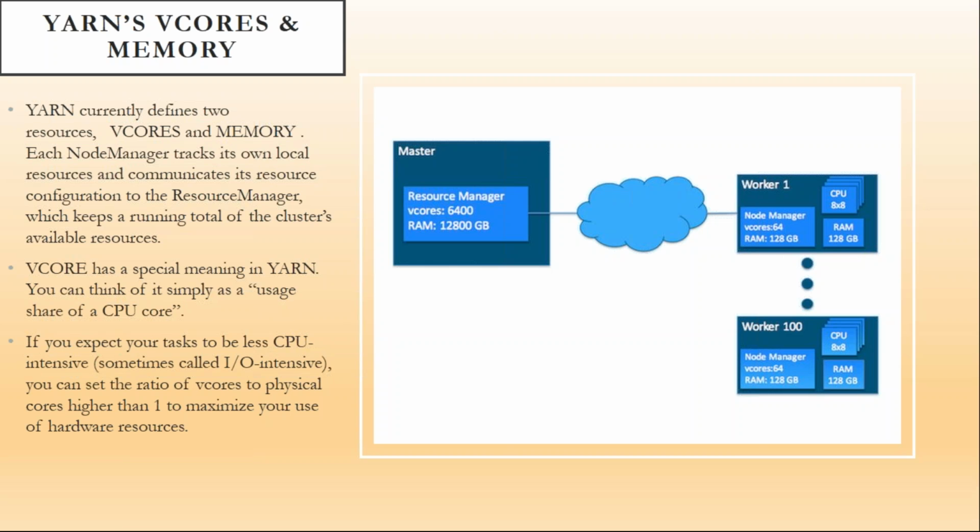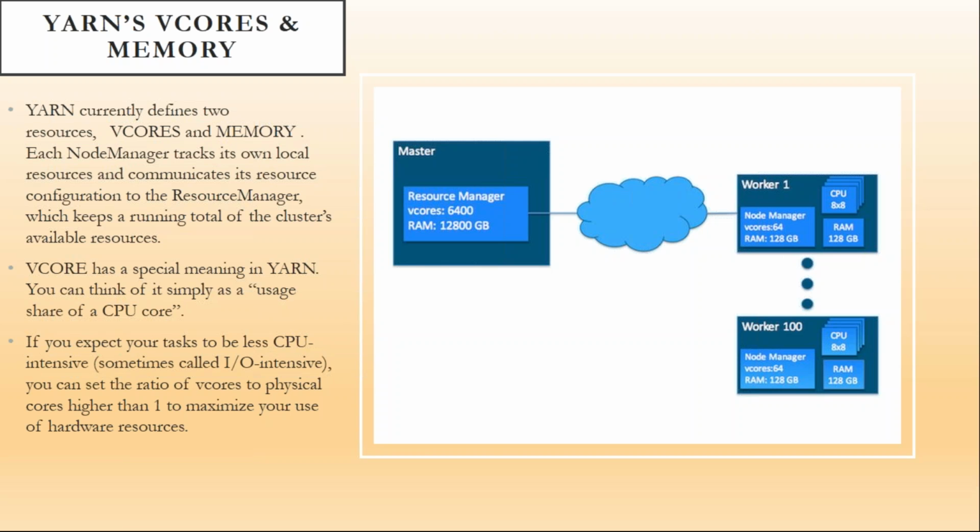Once again, look at the diagram. You have a worker node. In the worker node, you have a dedicated CPU and RAM. RAM is 128 GB and CPU is 8 virtual cores. For worker node 1, worker node 2, worker node 3, worker node 4, up to worker node 100, the amount of resources used by each task launched by the data node or worker node will be reported to the resource manager, which is on the master.